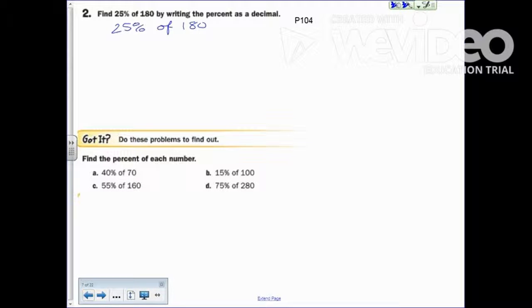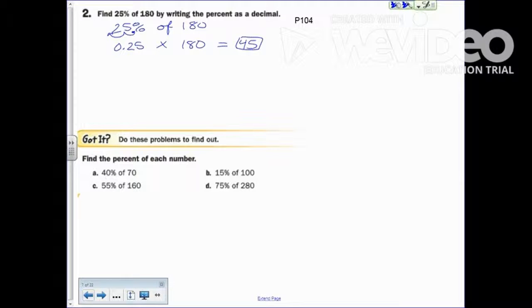First, we would change that percent to a decimal by taking our decimal point and moving it to the left 2 places to give us 25 hundredths. Then we would multiply that using the word of to change to multiplication, 180. We would pull out our handy dandy calculator, and 25 hundredths times 180 equals 45.